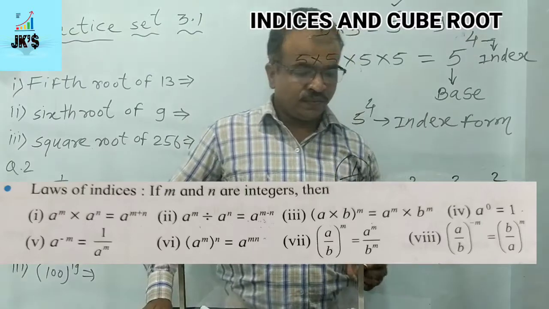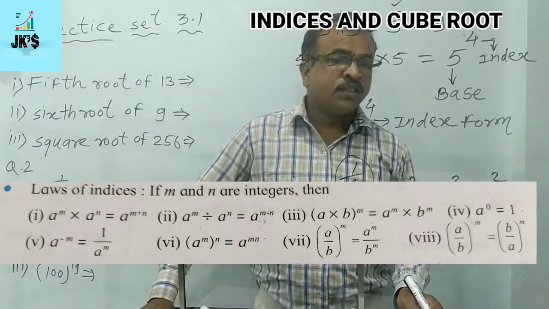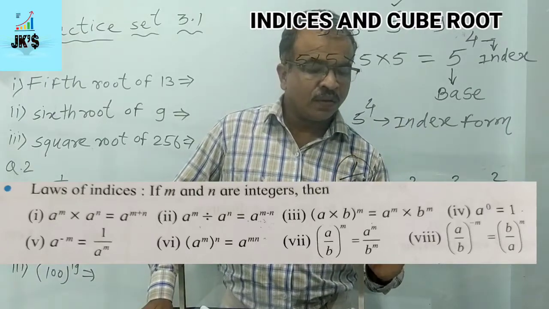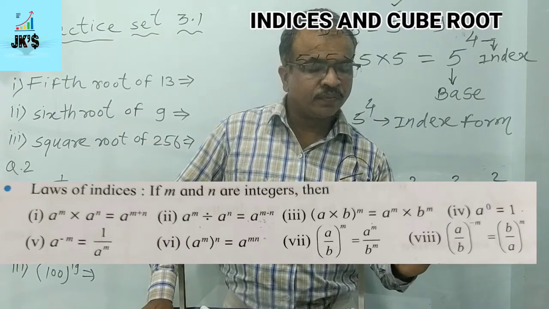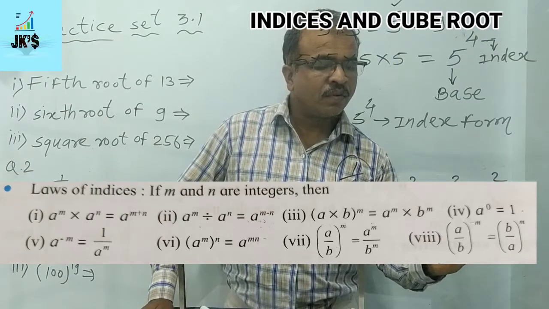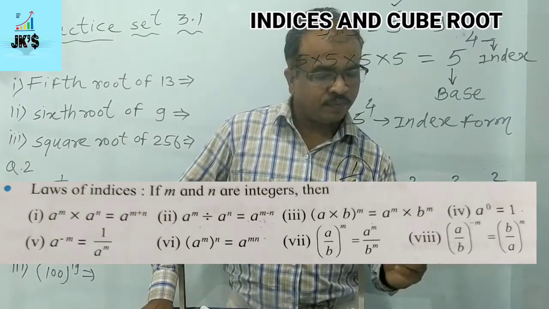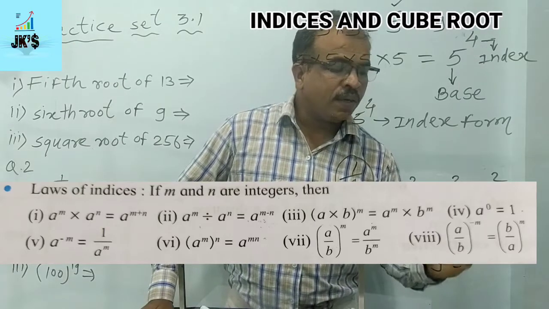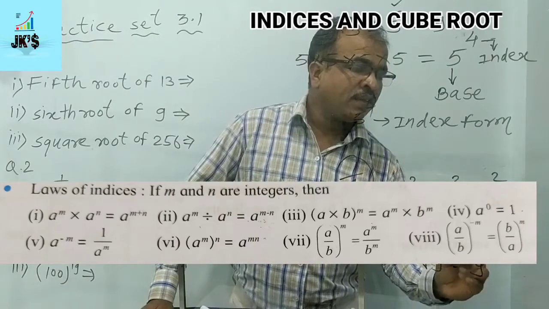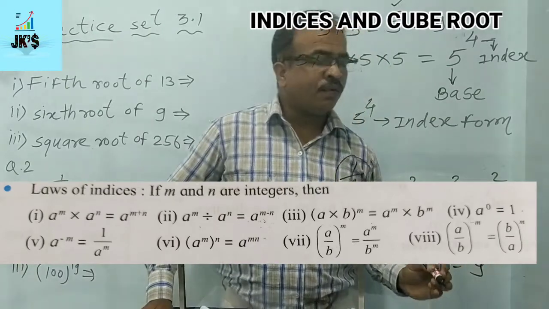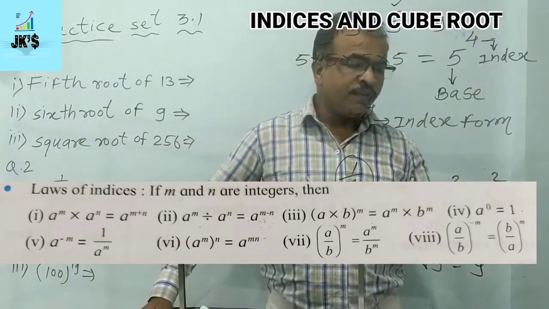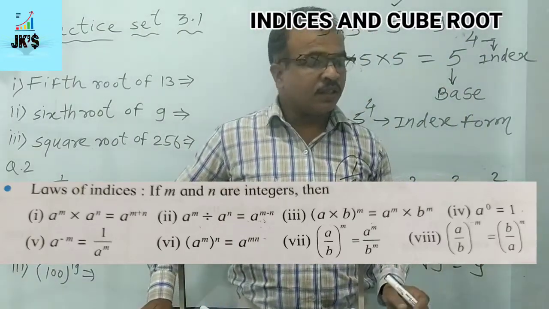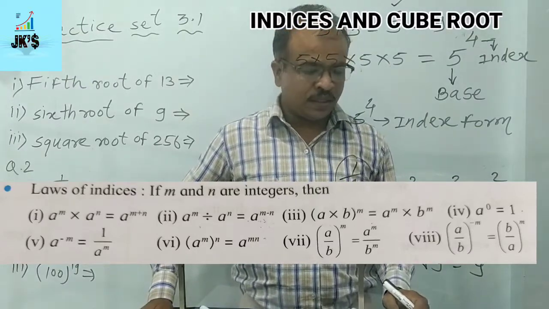Then the square root is written by showing the index 1 by 2. For example, square root of 9 is written as under root 9, but with index, it is 9 to the power 1 by 2. Means when we take the root, then that index is taken as its inverse.